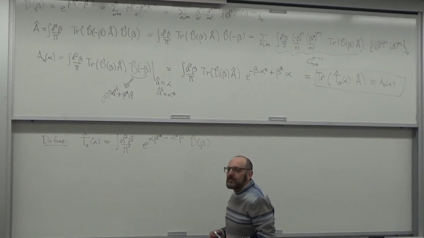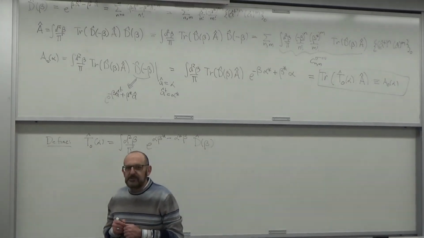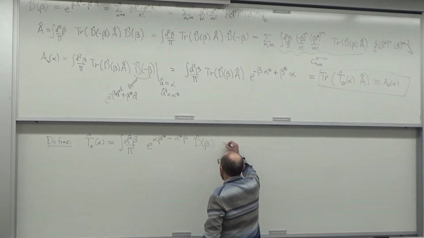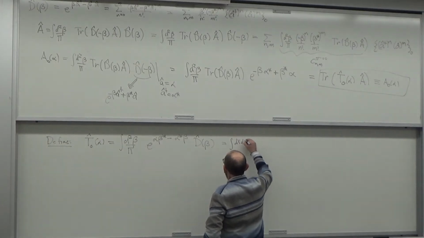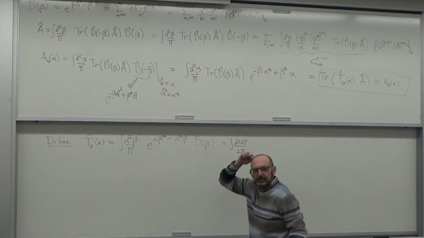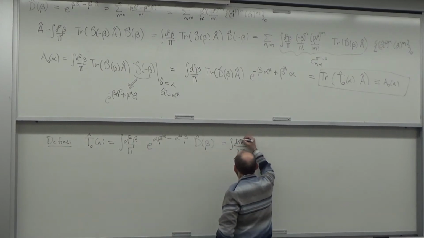Let me rewrite this in terms of the x and p components. Okay? So this is dx dp over 2 pi. There's a square root of 2 for each one of these guys. Let's call the beta, let's call those primes.